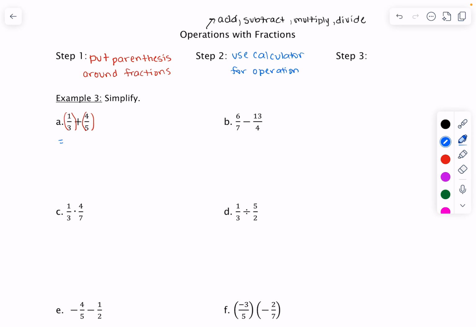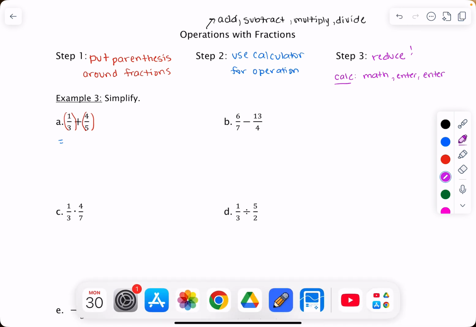Step 3 is just going to be reduce. Okay, and in this case, the calculator steps, like we talked about earlier, is you're going to hit math and then enter once and enter again. So math, enter, enter. So I'm going to go back to my problem.